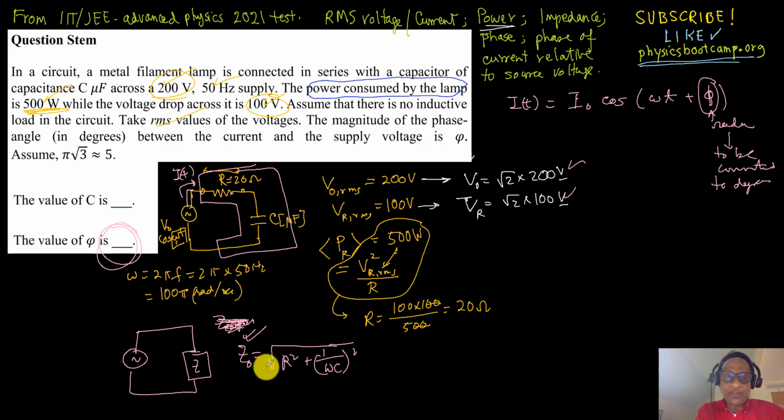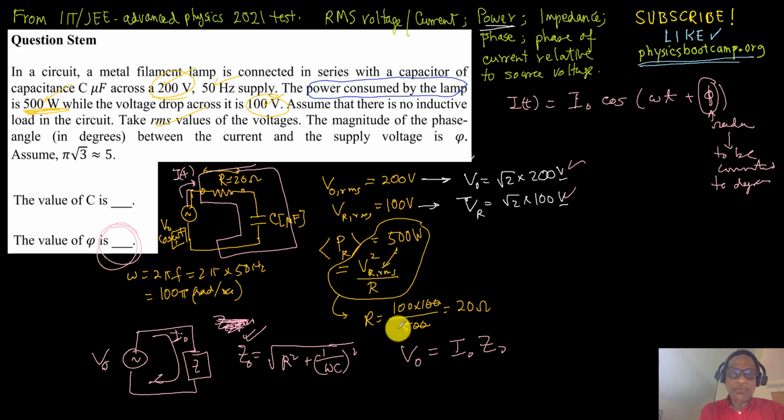So if this is V0 and the current going through is I0, those are amplitudes, so I'm not looking at the phase part. We'll have V0 equal to I0 Z0.